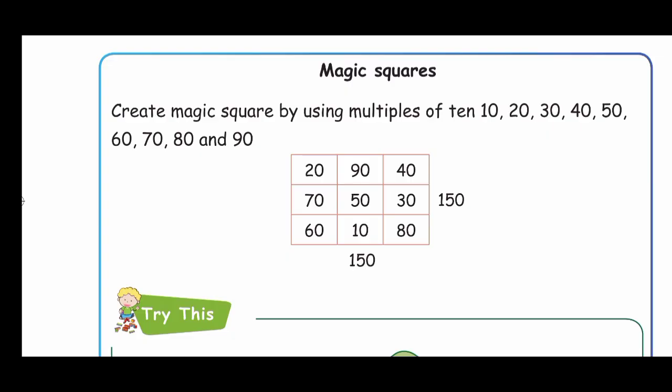Next let us see magic squares. Create a magic square by using multiples of 10: 20, 30, 40, 50, 60, 70, 80 and 90. Here they have given one example to make a magic square. Let's see this one.